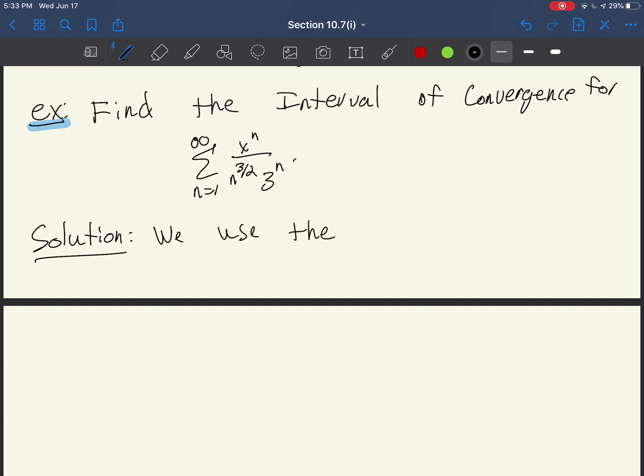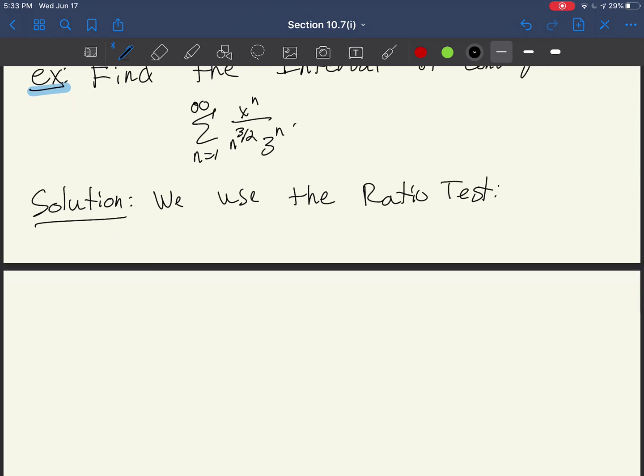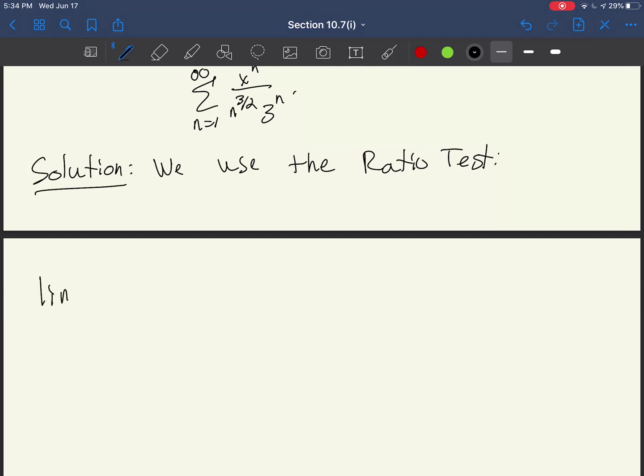Solution, we're going to use the ratio test. I prefer the ratio test. You could probably get away with the root test. I just prefer the ratio test.